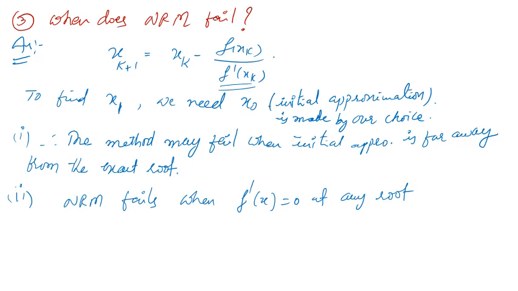These two are the conditions for the failure of the Newton-Raphson method. And you know the criterion to stop: the difference between two successive approximations is less than epsilon.